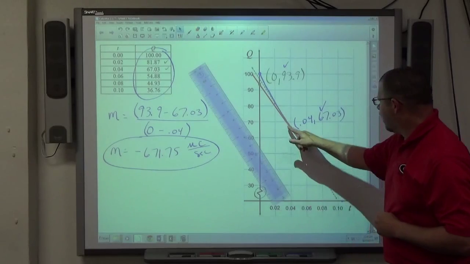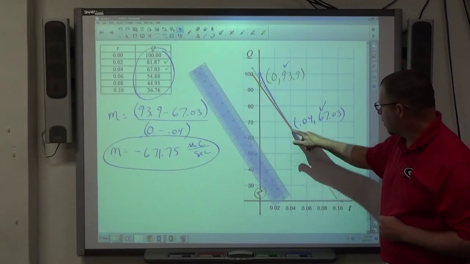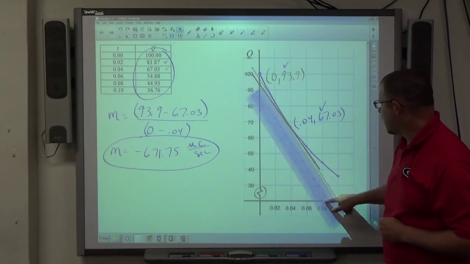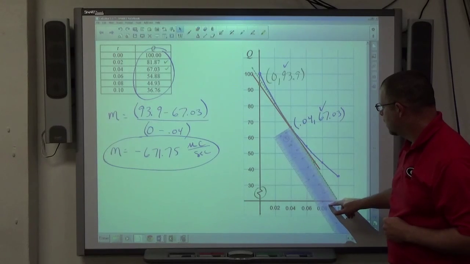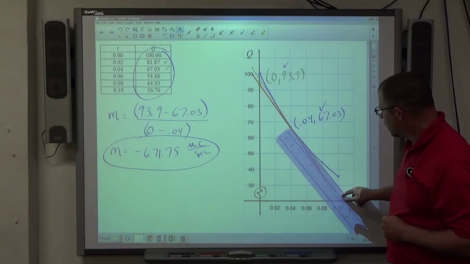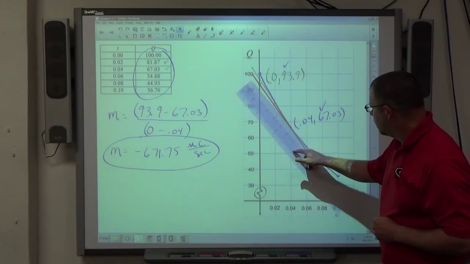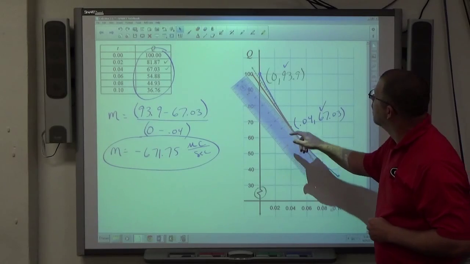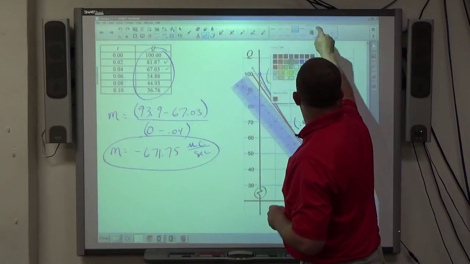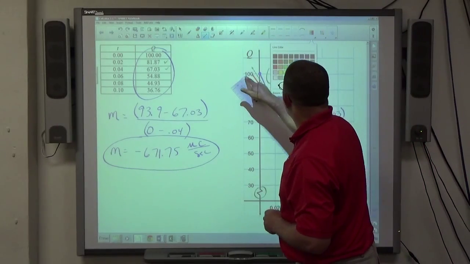Same deal as if I found the slope for this point and that point. If I connect those two dots, let's try that. It's much easier to do on paper with a ruler, but that looks pretty good. All right. Let's make this one purple. People like purple.